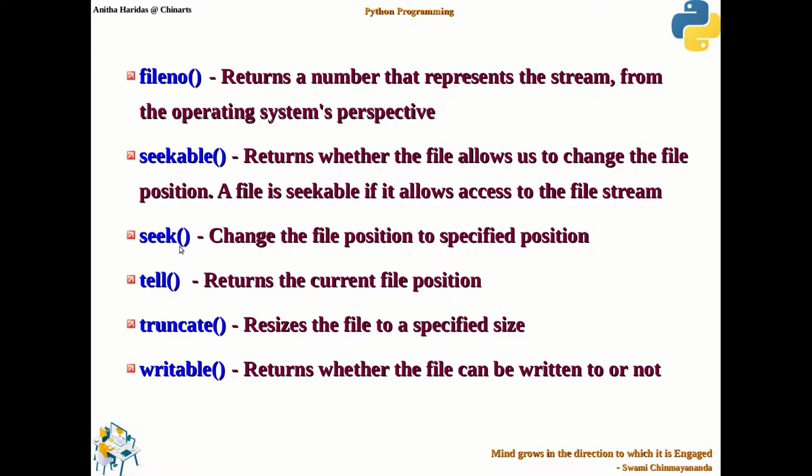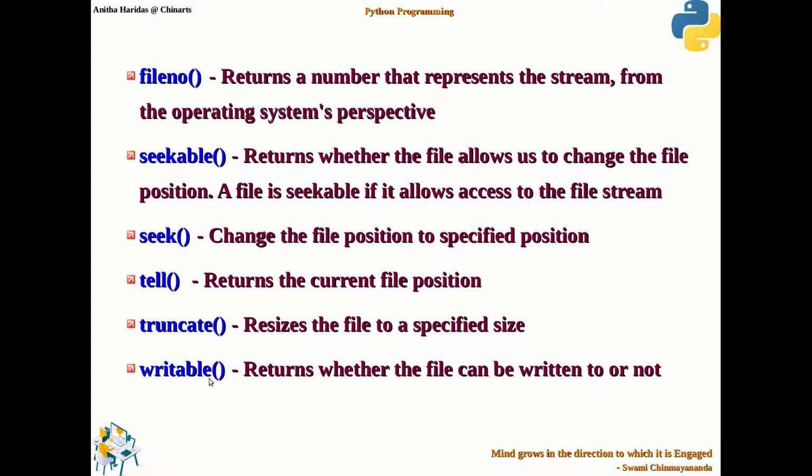Then seek will change the file position if it is seekable. Then tell will return the current file position. Truncate will resize the file. Resizing the file means it is going to trim. If you have 10 characters and you truncate it to 5 characters, then the last 5 characters will be removed from the file. That is what you call truncating. And writable will say whether you can write into the file or not.